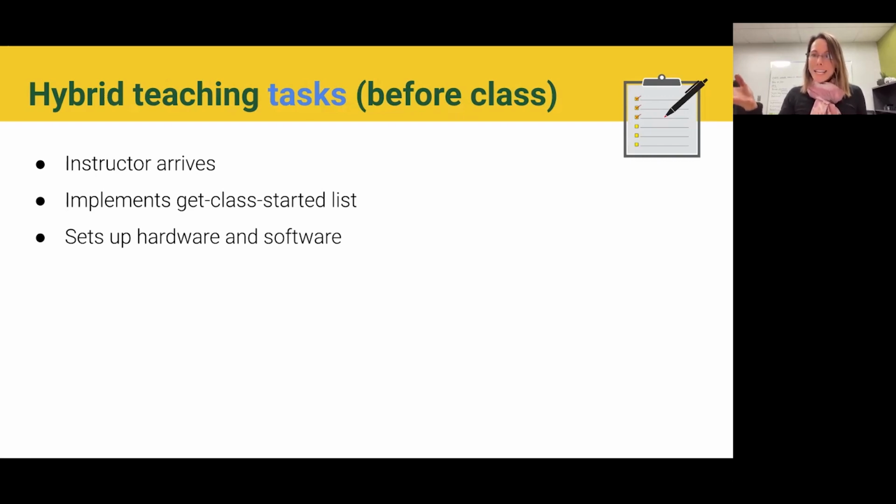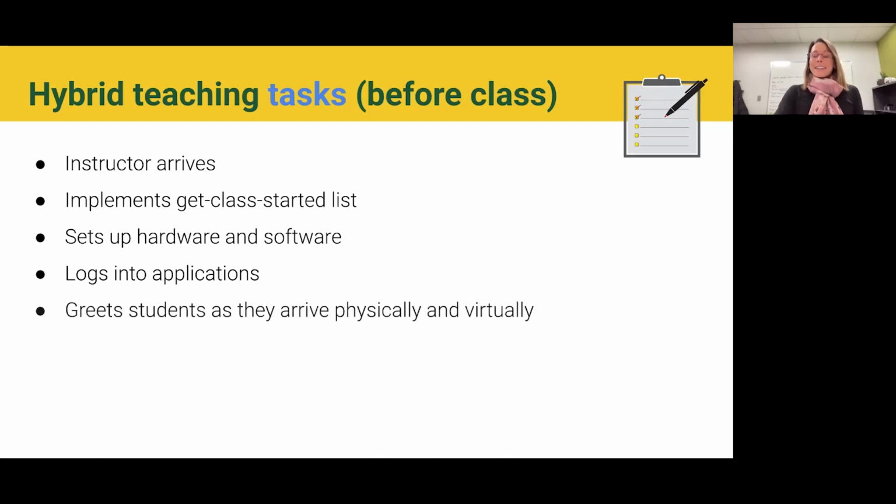Software, you've got your eClass, your Zoom, perhaps a number of other tools like your PowerPoint or your Google collaboration tools, etc. Everything that you use software-wise needs to have a username and a password that you have to log into. And once the instructor is ready, the instructor greets students as they arrive physically and virtually.